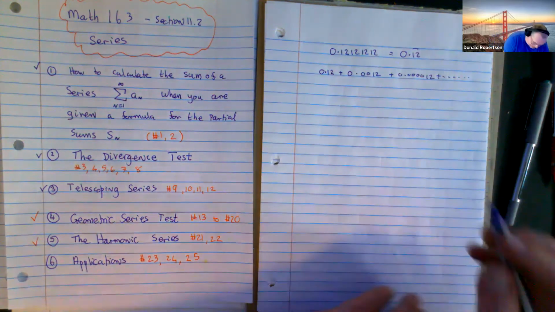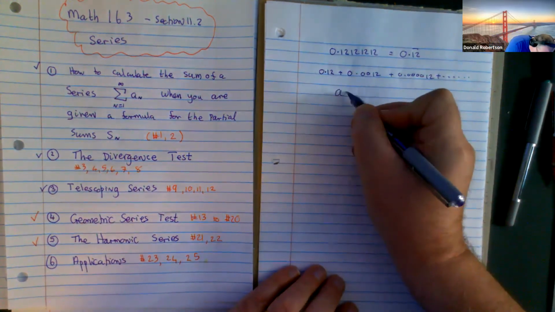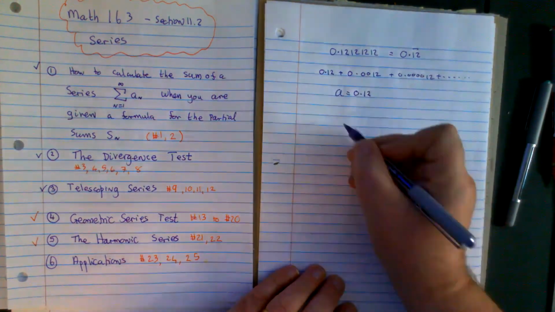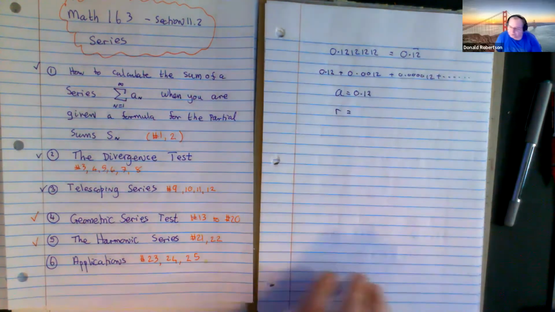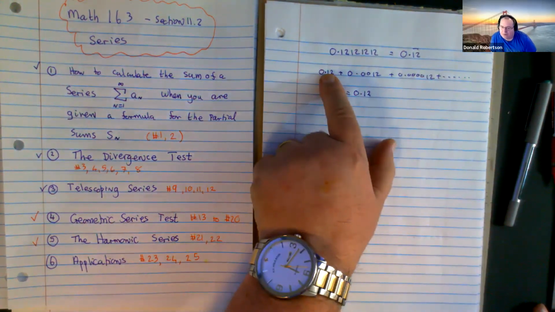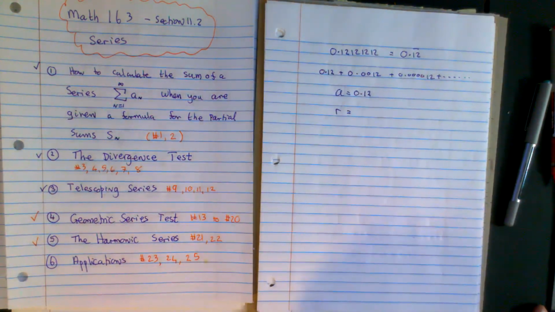Now, it's a geometric series. And A is 0.12, right? That's the first term. What is the common ratio? What are you multiplying? Is that 12 over 10 to the power of something?